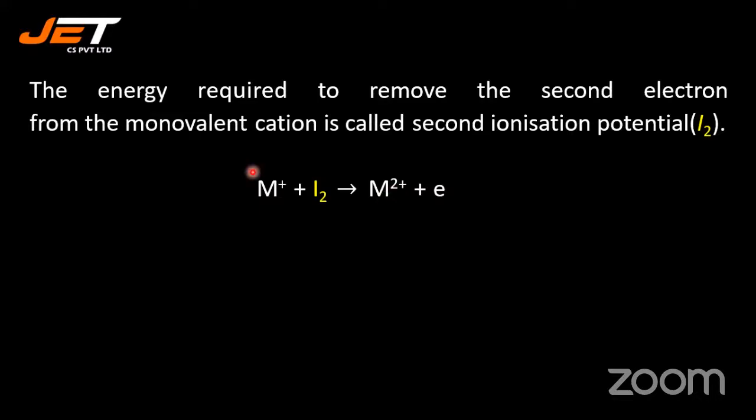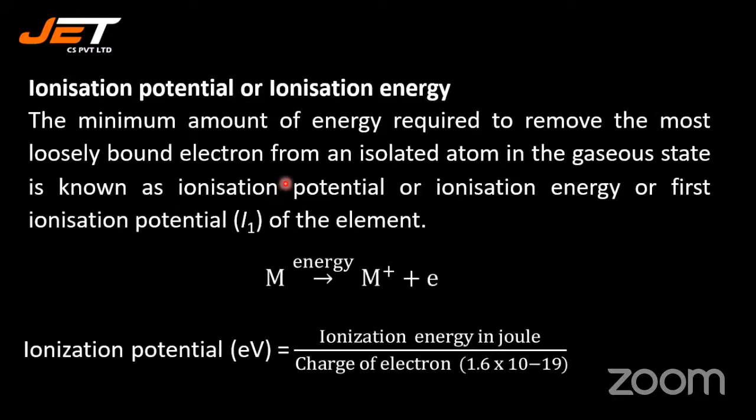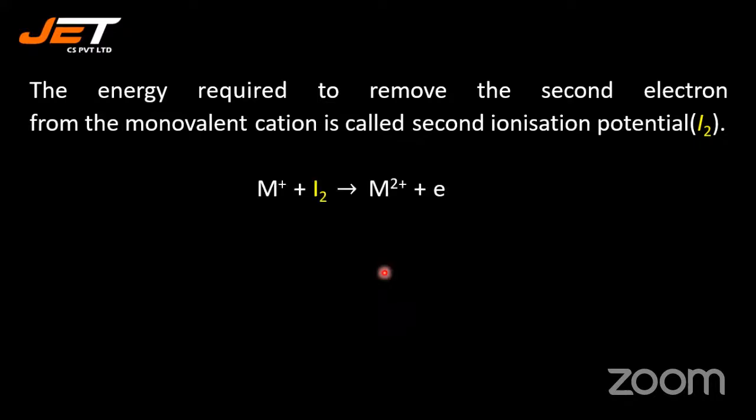Okay, consider this is magnesium. Energy is given, one electron is lost, and magnesium becomes plus one. Then again magnesium plus will lose another electron and becomes magnesium 2 plus. If you are writing the electron on the right side, it means the electron is being lost.